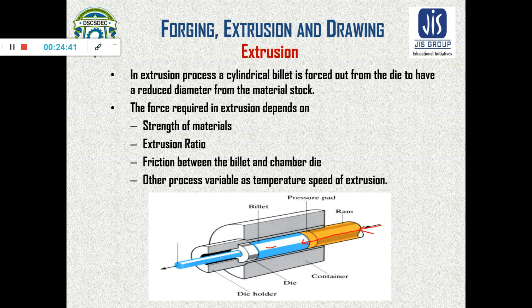This process of extrusion is completely analogous to making toothpaste out from the toothpaste tube, or making something out from a tube. So when we want to get the toothpaste out, what do we do?